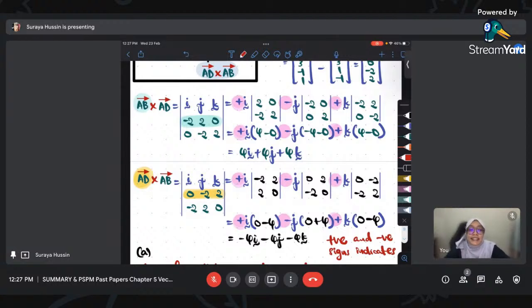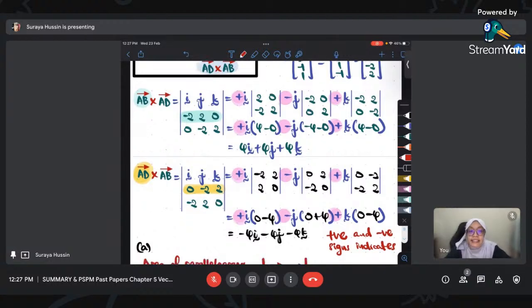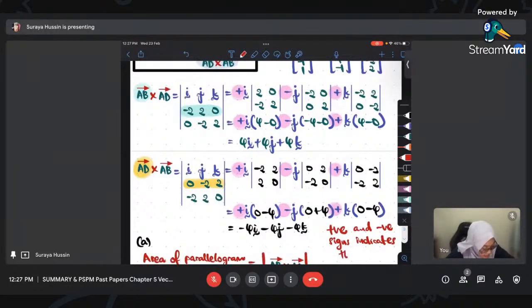Indicates the direction. Okay, so the sign of positive and negative indicates the direction. Betul, it is indicating the direction.